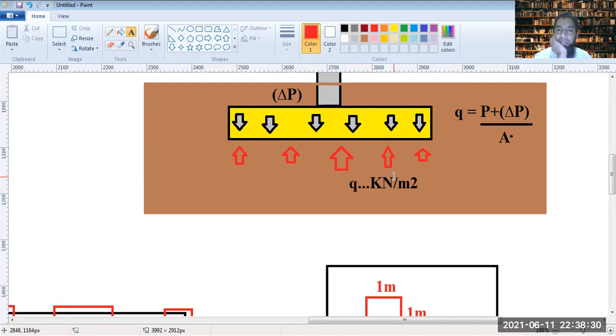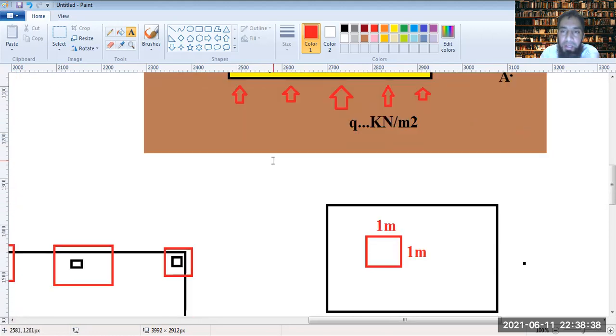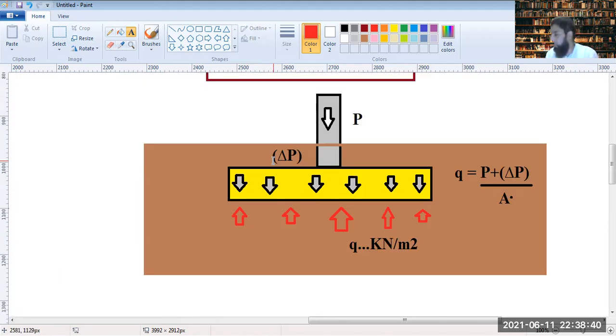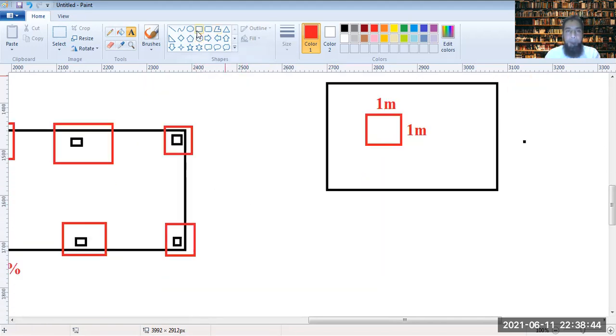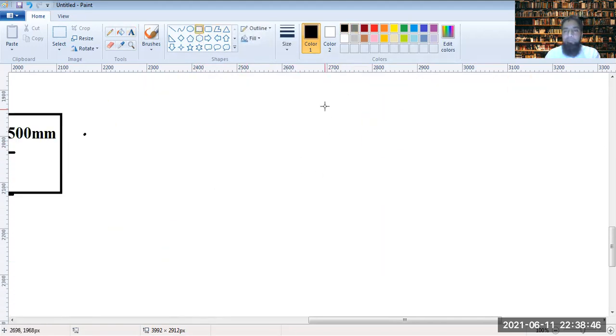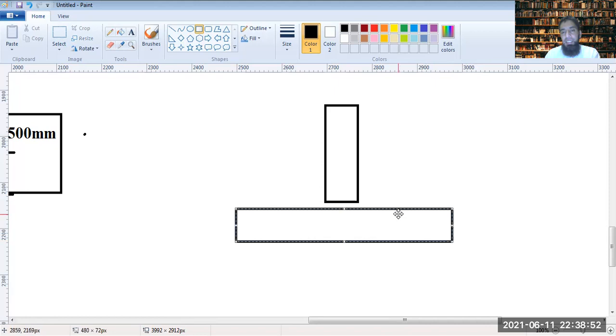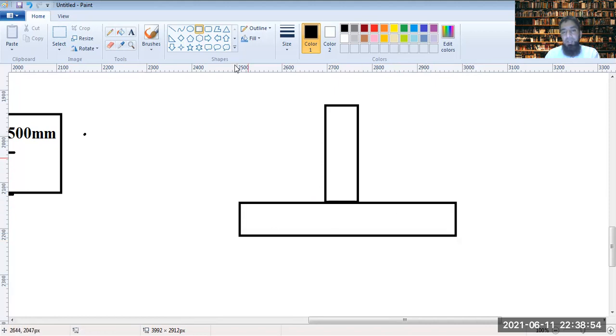In this case, let me try to check the behavior of this footing. What would happen to this footing once you have a column above it? There's a column here, and there's a footing underneath it.